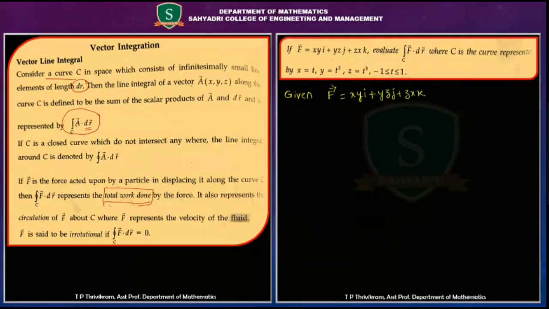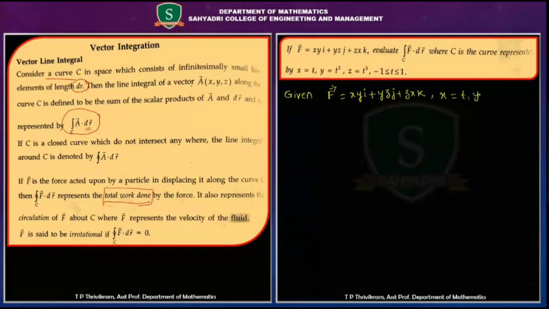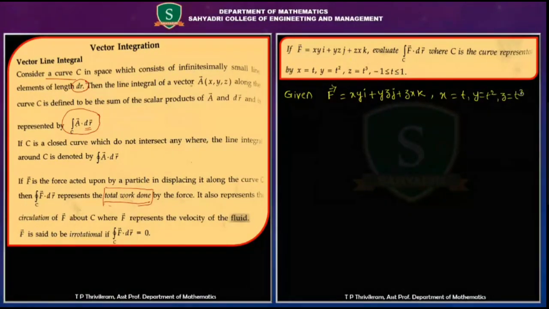And he is asking us to evaluate the integral of F dot dr, where C is a curve represented by x equal to t, y equal to t², z equal to t³. He has given x is equal to t, y equal to t², and z is equal to t³.